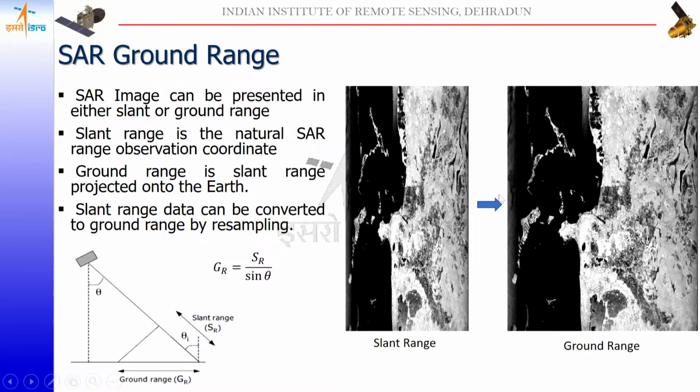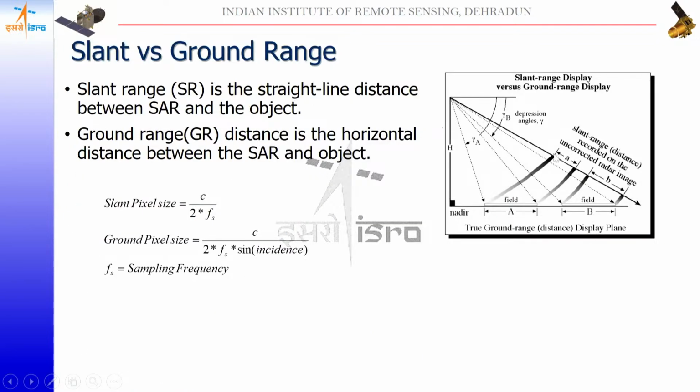This is the minimal geometrical correction using the incident angle information. You can see now the data is looking better, it is not compressed, and we are getting approximately a square pixel size. So this is the difference between the slant range and the ground range, where we project the slant range image to the ground range.